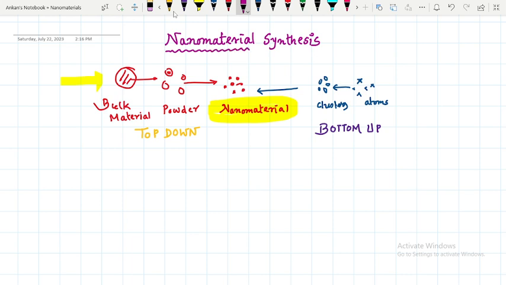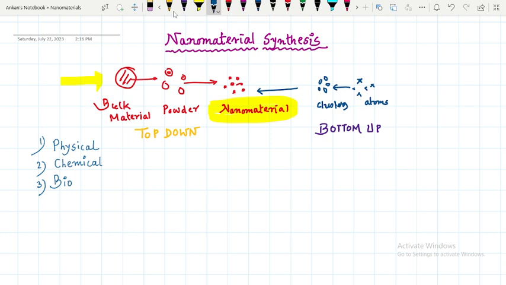Now these are the two approaches. We can use these approaches via three types of synthesis procedures. The first one is the physical process, the second one is the chemical process, and the third one is the biological process.